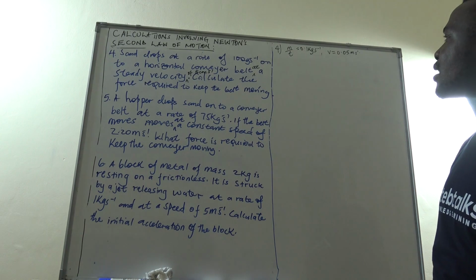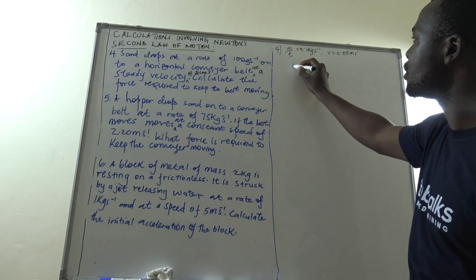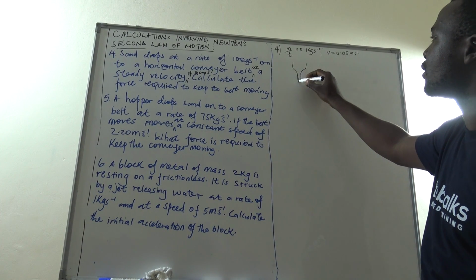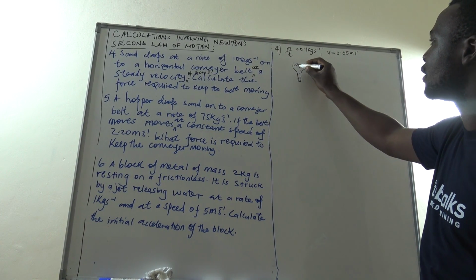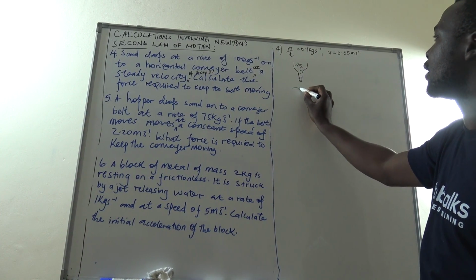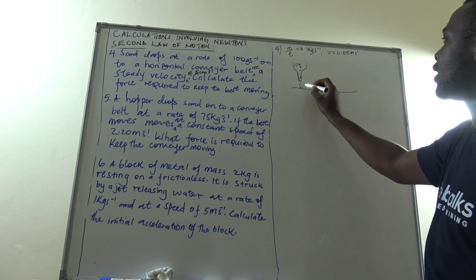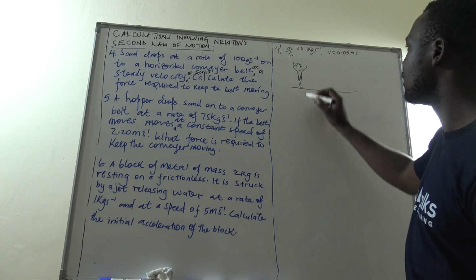They are saying sand drops. Assuming this is our container which has the sand, the sand is inside here, and this sand is dropping here. Initially, this is the sand.